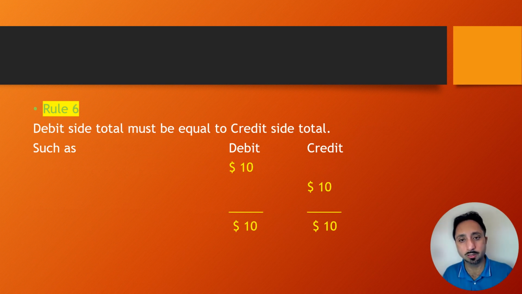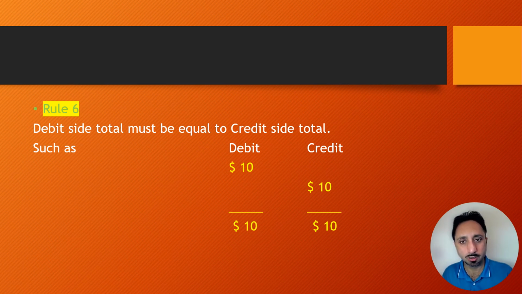Rule number 6 is that the debit side must be equal to the credit side. It can't be that the debit side is higher or lower than the credit side. If that happens, it means there is some error that has been made while recording the transaction.